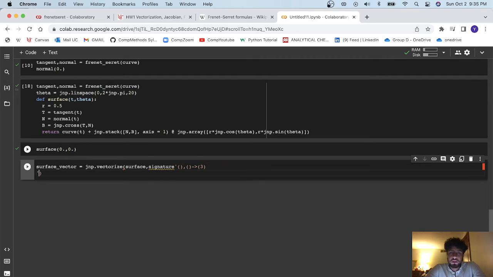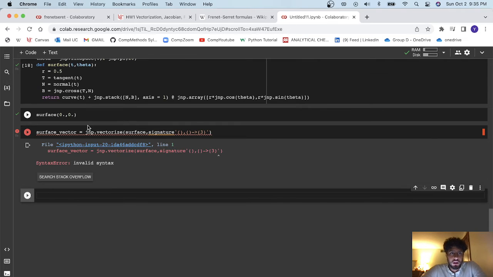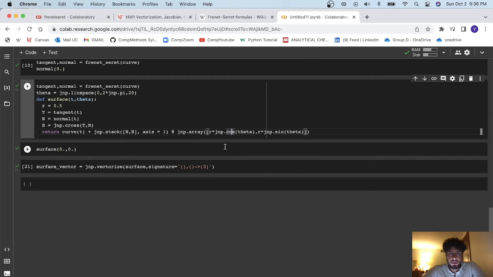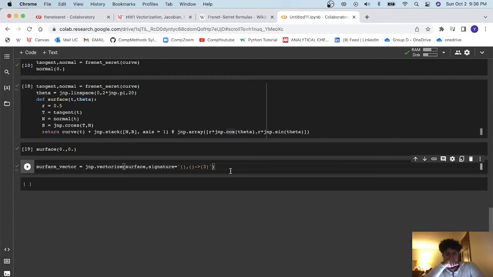The reason we're doing 3 is because we want a matrix of x, y, and z. I feel like, wouldn't that be there? Yeah, that seems right. I always get scared when I get an error.